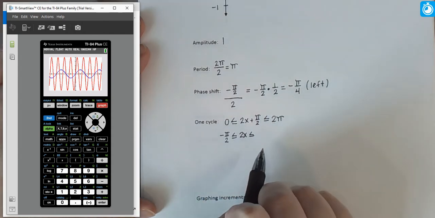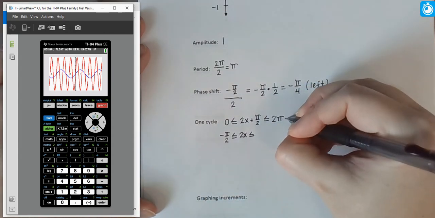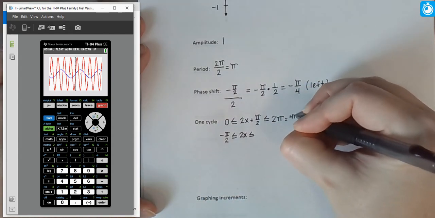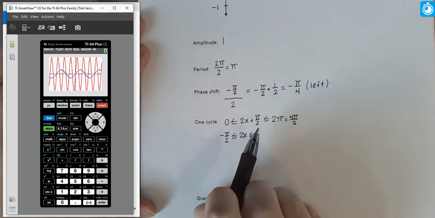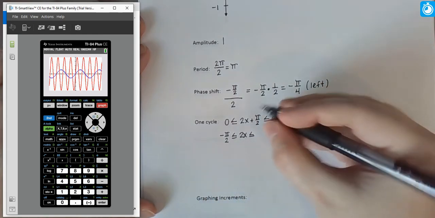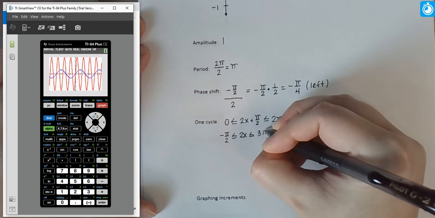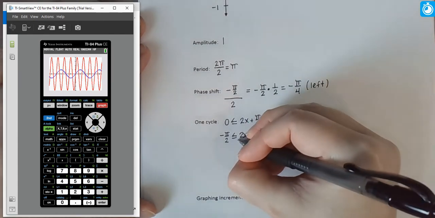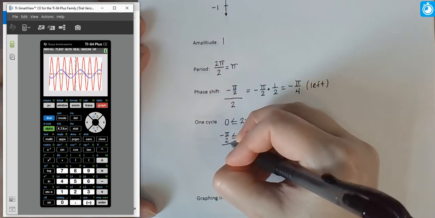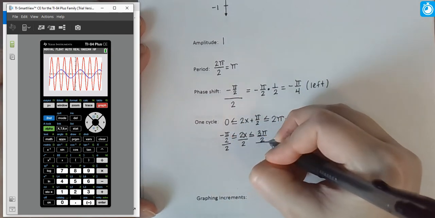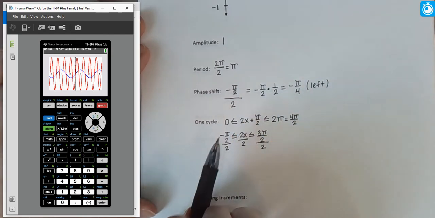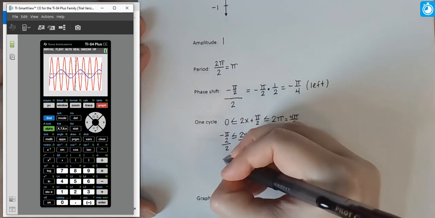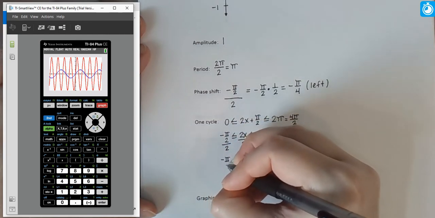Now 2 pi minus pi over 2. 2 pi we can also think of as 4 pi over 2. And so if we're subtracting pi over 2 from that, that's going to take us to 3 pi over 2. And then we're also dividing out a 2 from both of these. And so negative pi over 2 divided by 2 is going to give us negative pi over 4.